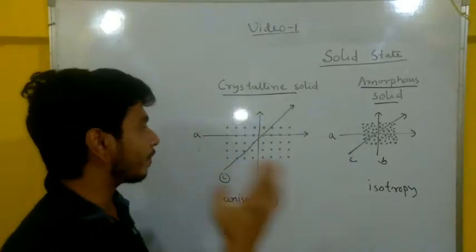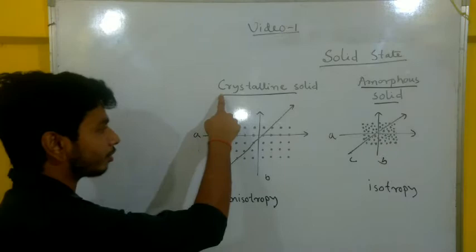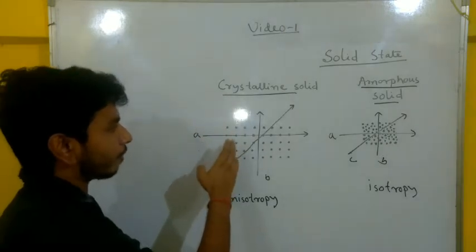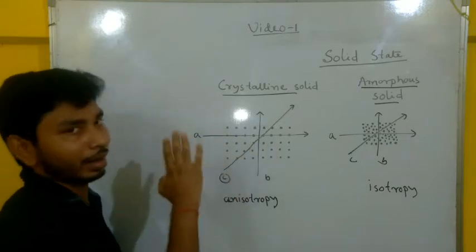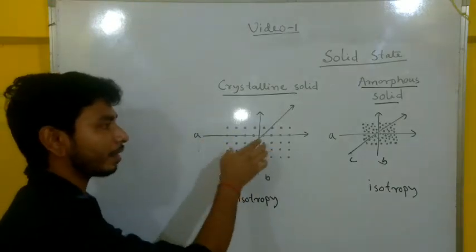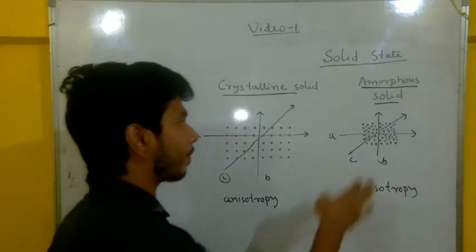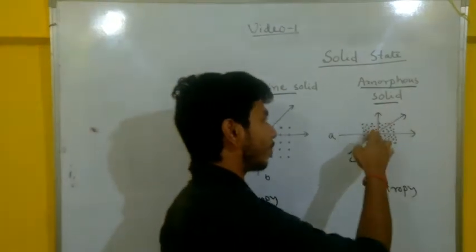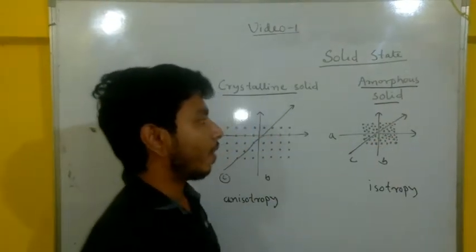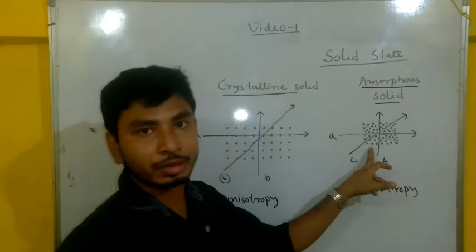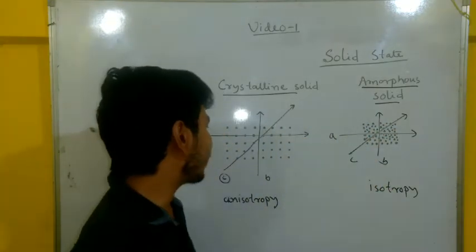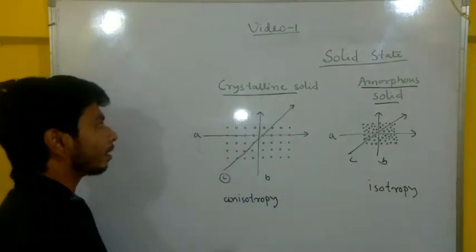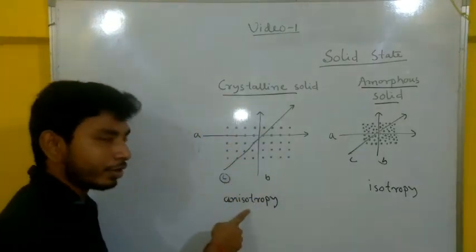The first point of difference is that in crystalline solid, the constituent particles are arranged in a regular manner. There is a pattern of arrangement of the particles. But in amorphous solid, there is no regular arrangement of the constituent particles, that is, particles are distributed randomly. The second point of difference is that crystalline solids are anisotropic in nature.